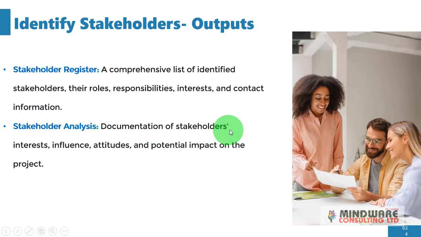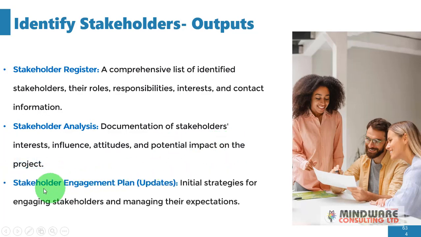Okay, so that's it. Then stakeholder analysis. This is a documentation of stakeholder interests, influence, and attitudes, as well as potential impact on the project. Okay, stakeholder engagement plan updates. These are initial strategies for engaging stakeholders and managing their expectations.